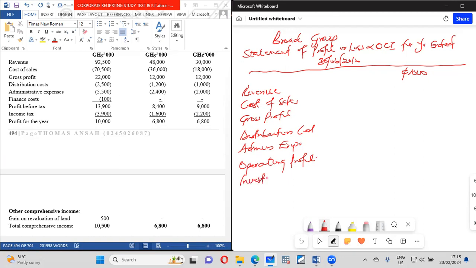We don't have any investment here, but if there were investment in the P&L, we would say investment. And we will have another one called investment in associate. What we're referring to is the share of profit of associate. You can write investment in associate, or, because this is a P&L, you just write share of profit in associate.